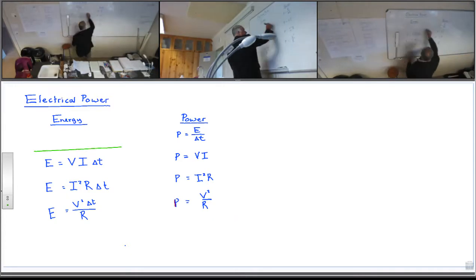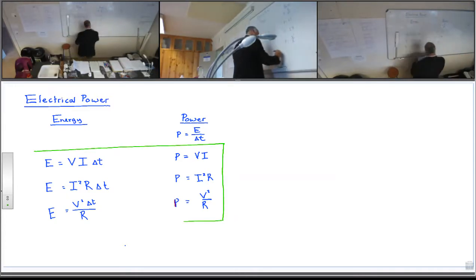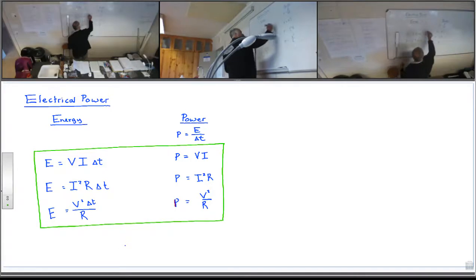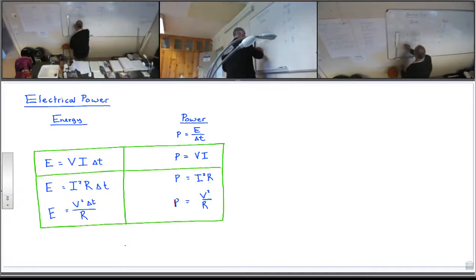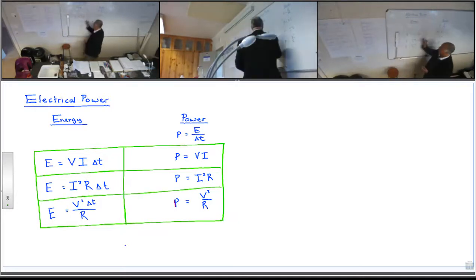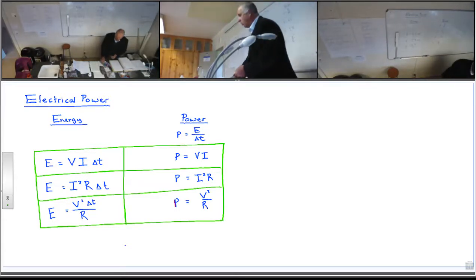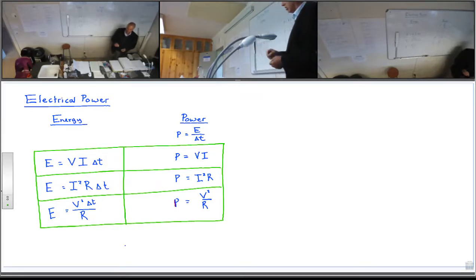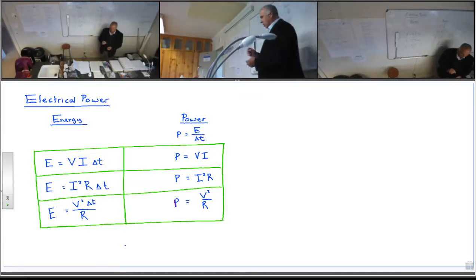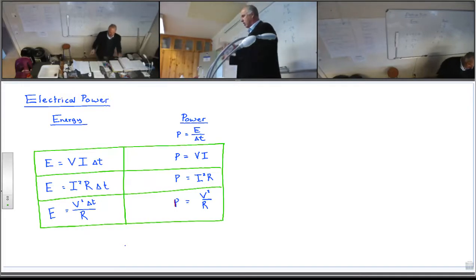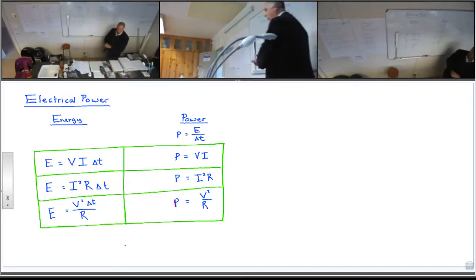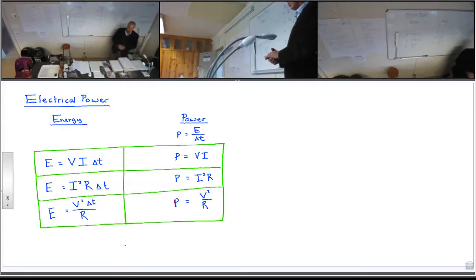There is our table. And if you just know one of those formulas, you should be able to derive the others. You may want to get out your data sheet and just see which of the formulas is in your data sheet and mark it. This one is in the data sheet, as long as I can derive the others from it. I'm not too sure if your latest data sheet gives you all of those formulae or any of them.